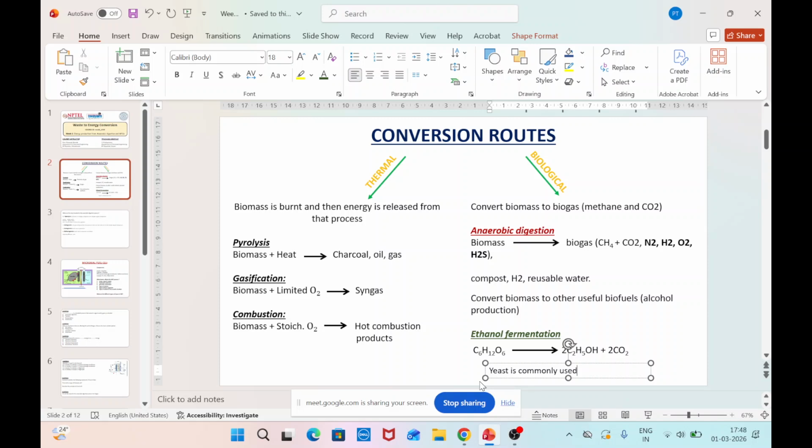So next we will discuss the microbial fuel cell. Before moving into that, any questions so far on what we have discussed till now?